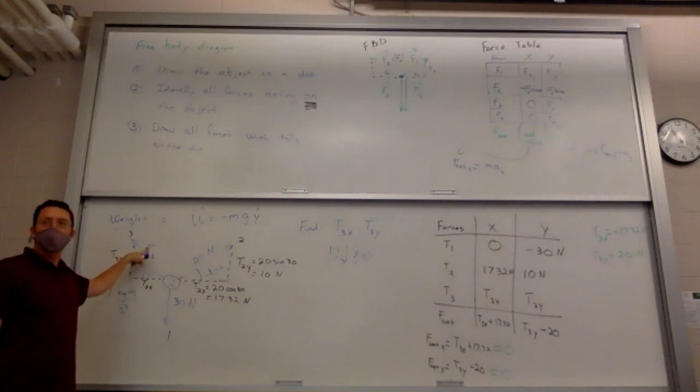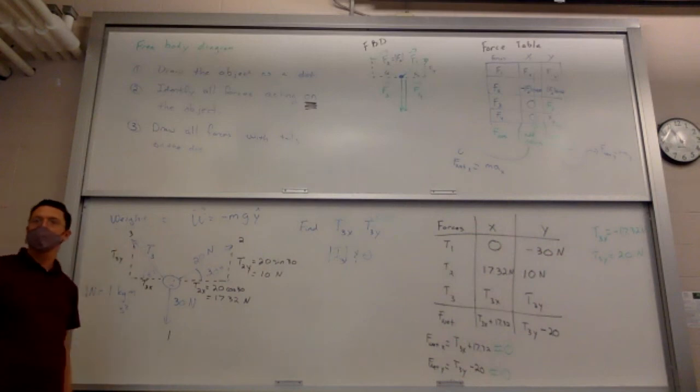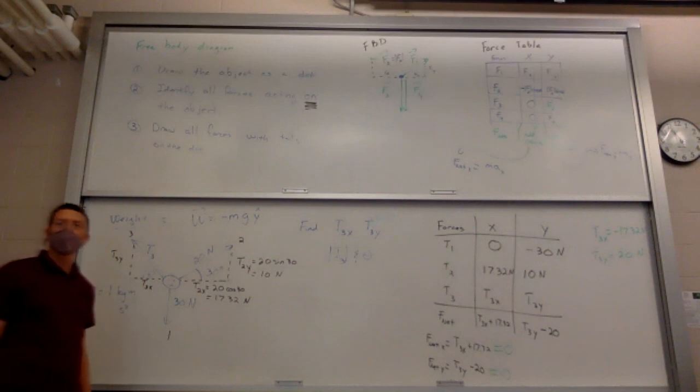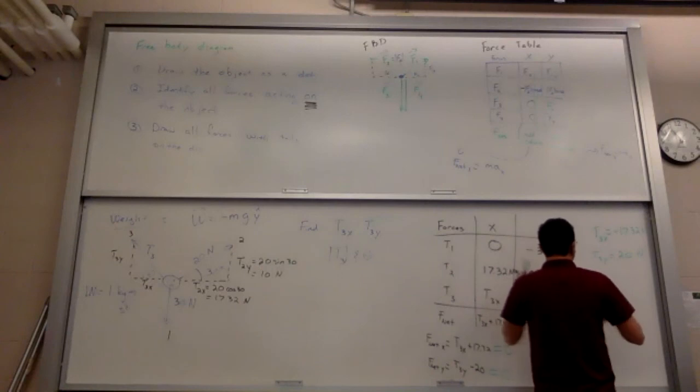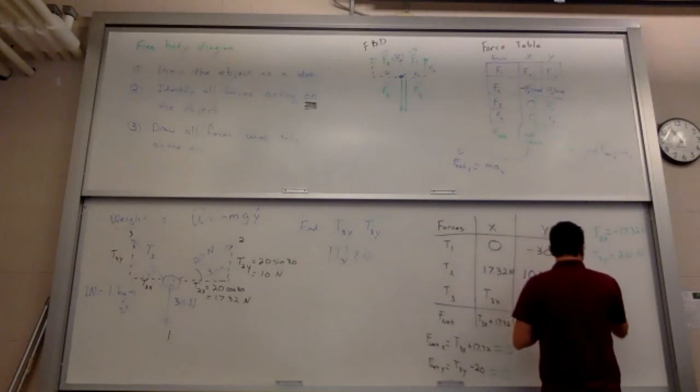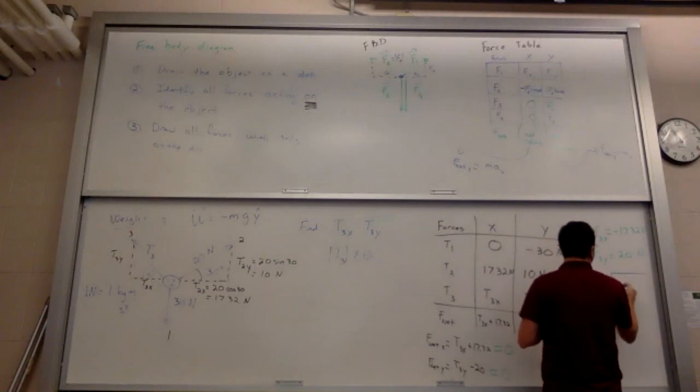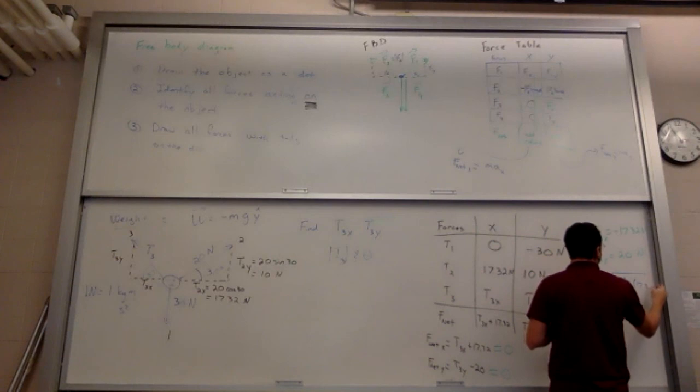How do you find the hypotenuse of a triangle? You know the horizontal, the base and the height. You use the Pythagorean theorem. So you're going to say the magnitude of T3 is the square root of 20 squared plus 17.32 squared.